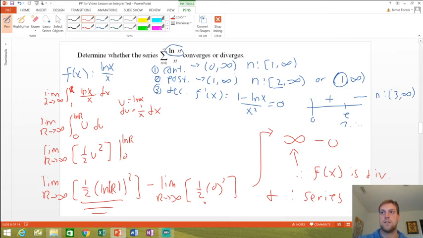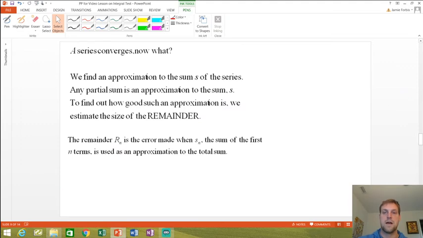So let's see how it looks as I go over here. Aha! Okay. Normally this was when I would introduce the idea of what a remainder is and all that stuff. We can still discuss this because we're going to talk about our first error bound. So the series converges. Yay! Now what?